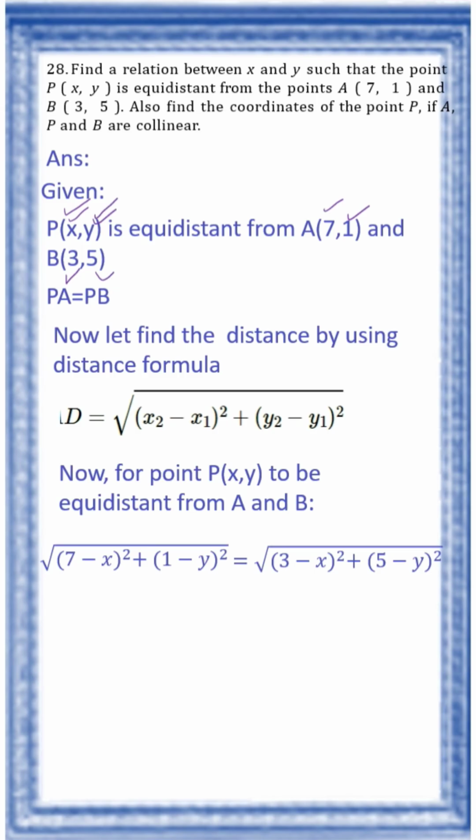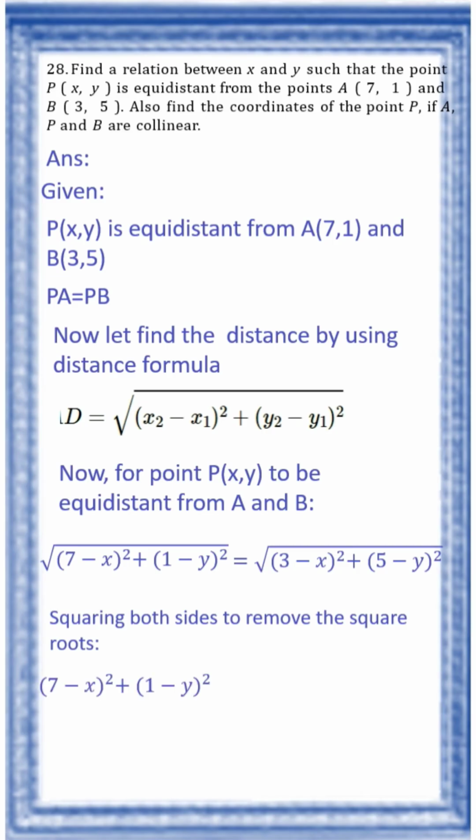Okay, what to do in the next step? Let us square on both sides so that we can eliminate the square root. Now (7 minus x) the whole square plus (1 minus y) the whole square is equal to (3 minus x) the whole square plus (5 minus y) the whole square.